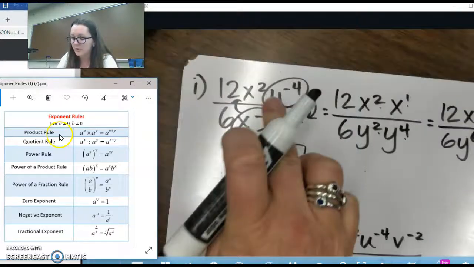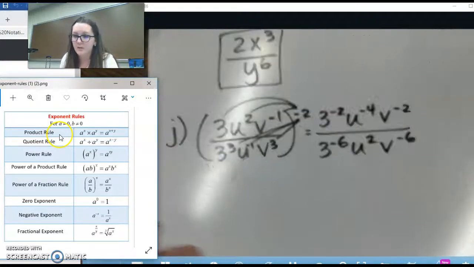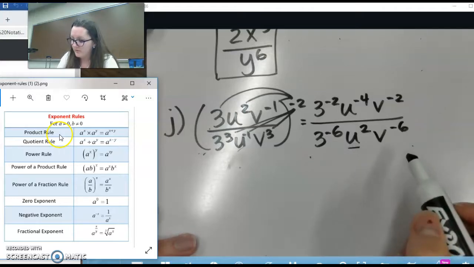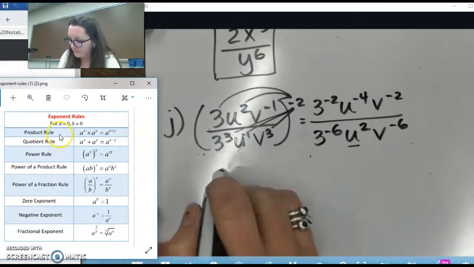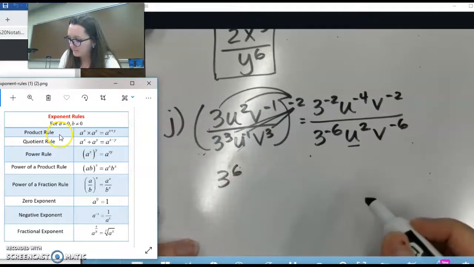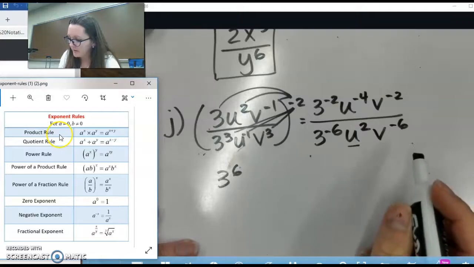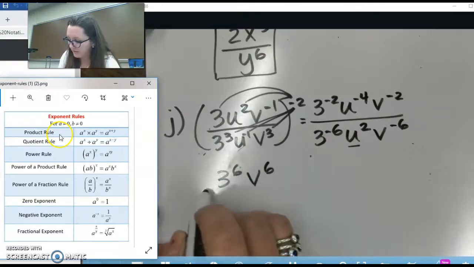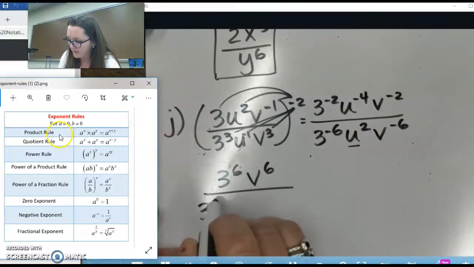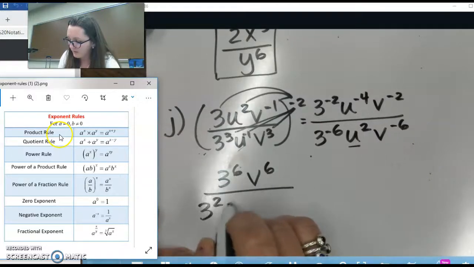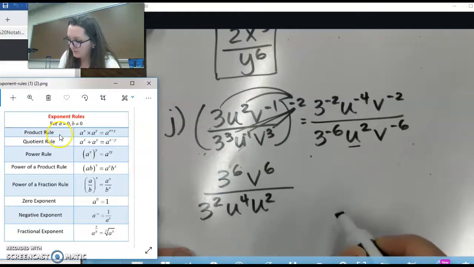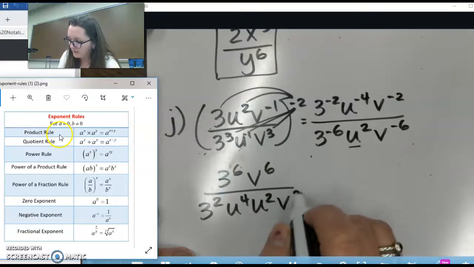Just like before when we had all those negatives, let's deal with these. Looks like the only thing staying is this one, so everything else is moving. So I'm going to move my 3 to the 6th power and my v to the 6th power. Everything on the top moves down, so it's 3 to the 2nd, u to the 4th, u to the 2nd, because that one didn't move, and v to the 2nd.